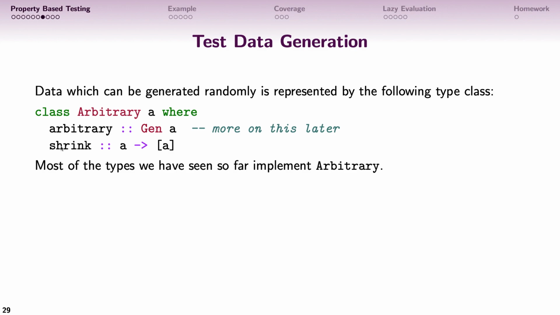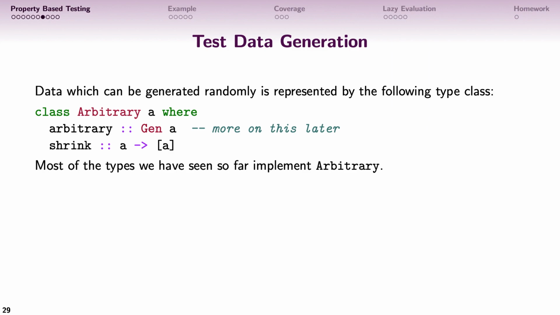And it also has this function shrink, right? Shrink is given a value of our test data that has failed a test case. So give me smaller values in this return list that could still possibly fail the test case. What happens is QuickCheck will use this arbitrary generator to produce a bunch of inputs, and if any of them fail, it will use this shrink function to get a list of smaller inputs and try all of those.